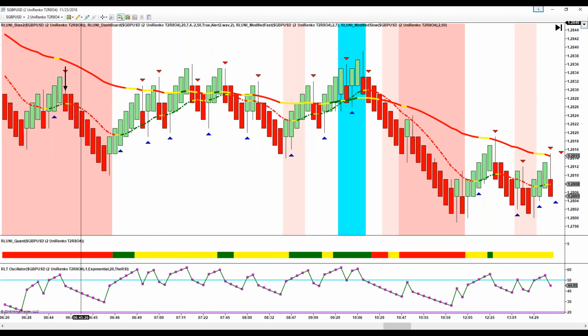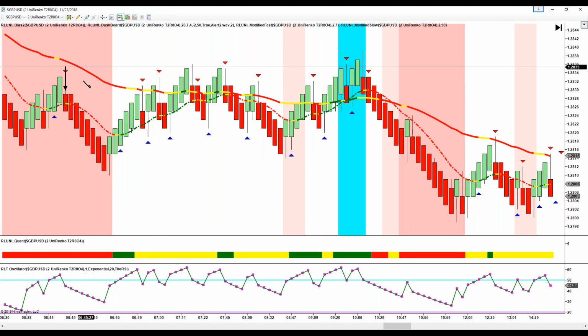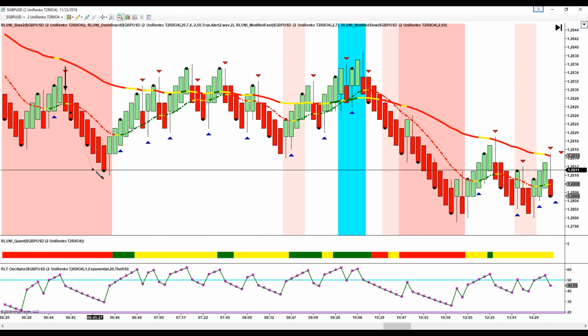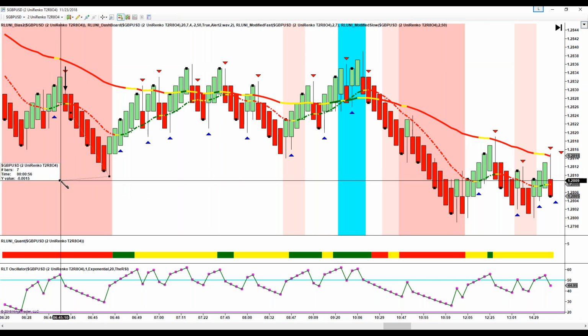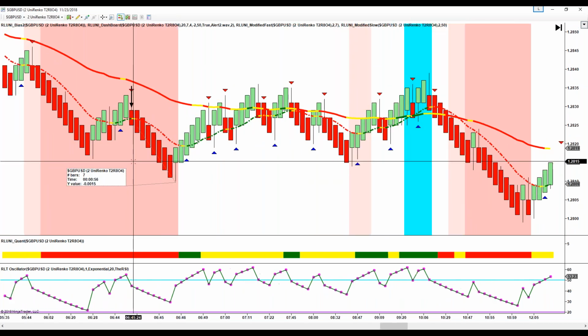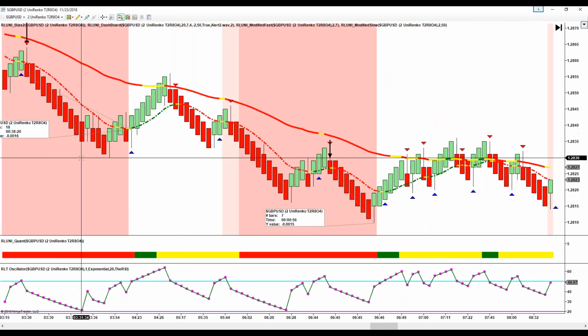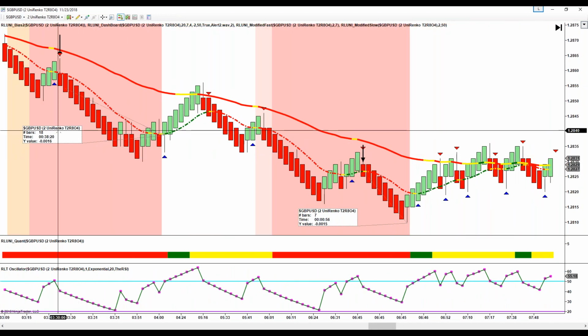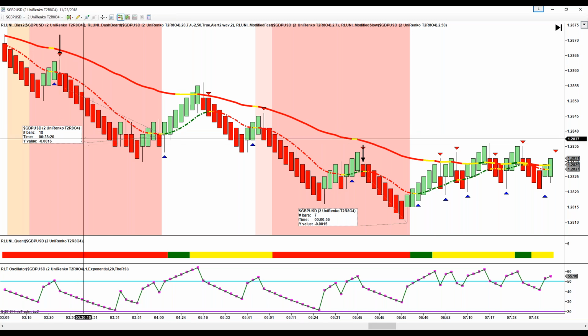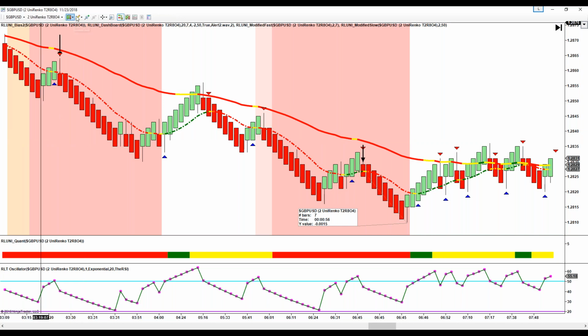I'll scale it. And 15 pips. Just missed. And here's our nice trade again. Here's another one. Now I'm not going to talk about the exits yet. So let's just take it right down.